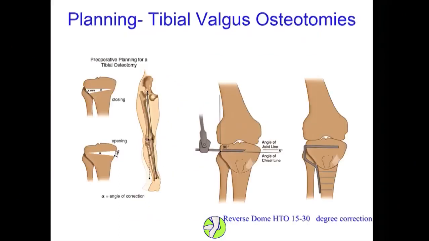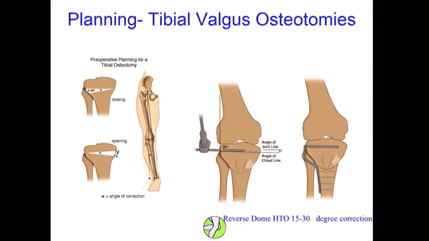So in planning tibial valgus osteotomy, closing wedge is rarely performed these days. I still do it occasionally when I need a source of bone for bone grafting an osteochondral defect, or if the leg is long, but otherwise my preference is an opening wedge. It's technically easier to do. You don't have to take down the muscle compartments.